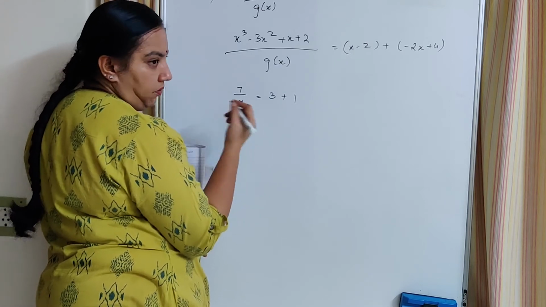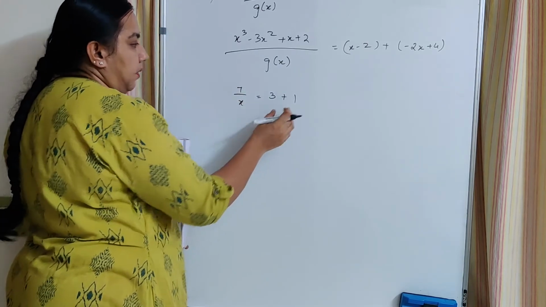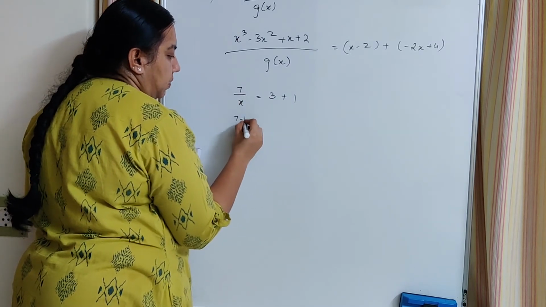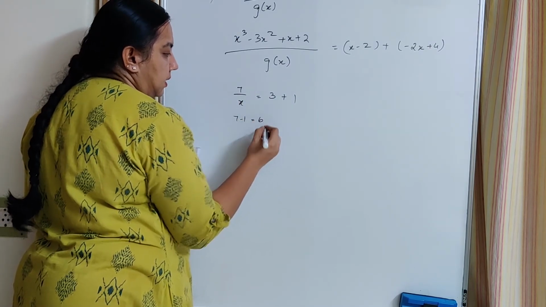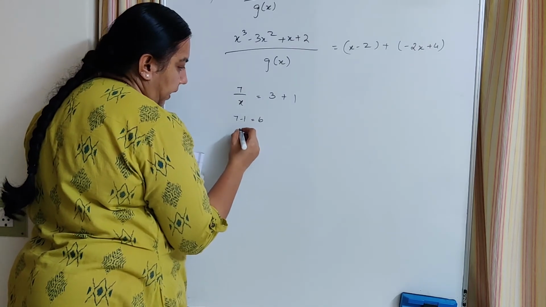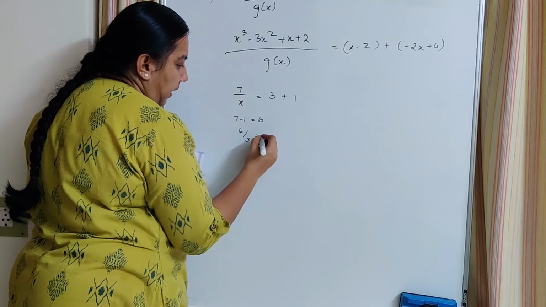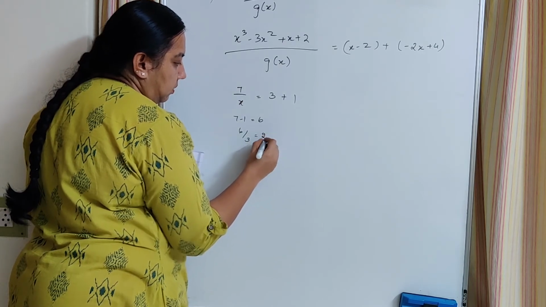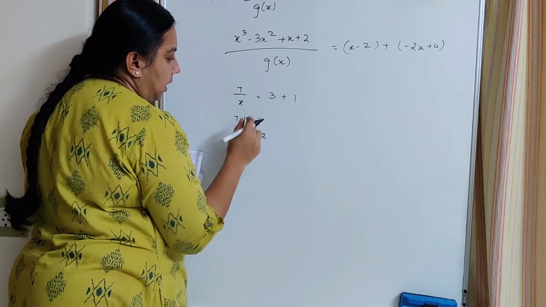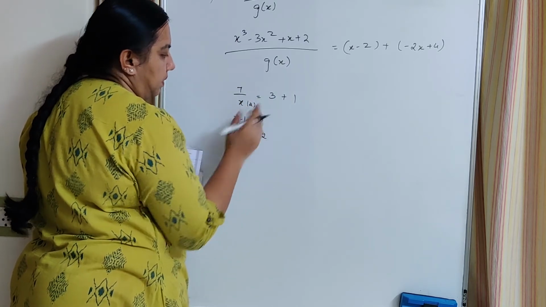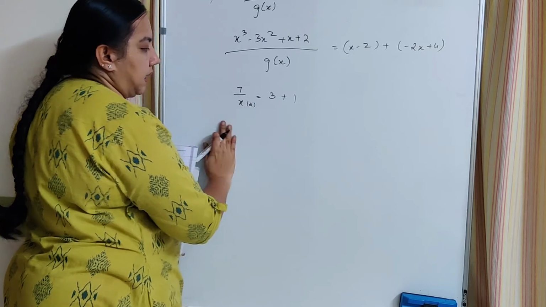I have to find x. First this plus 1 I am going to subtract: 7 minus 1, I get 6. Then if I divide 6 by this 3, I get 2. So I have found 2. When I substitute it, in place of 7 by 2 I get 3 plus 1. So what we have done is correct.